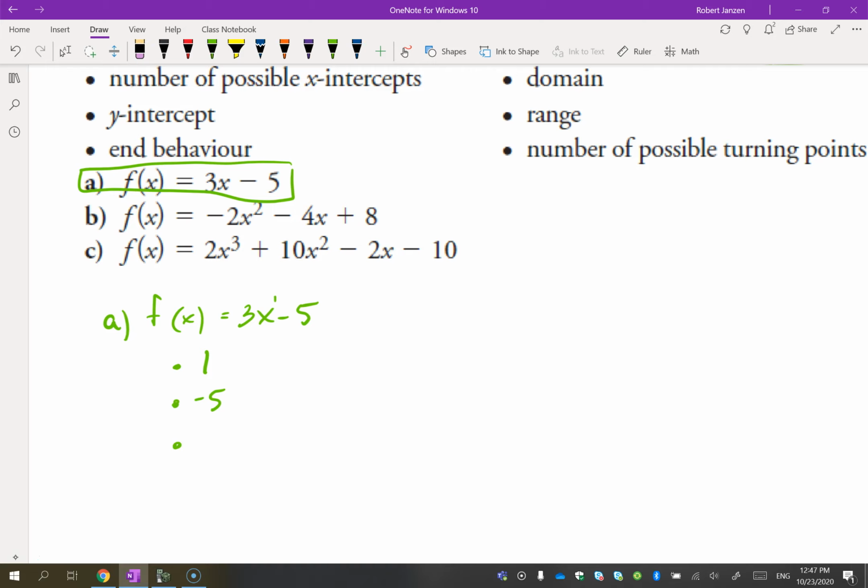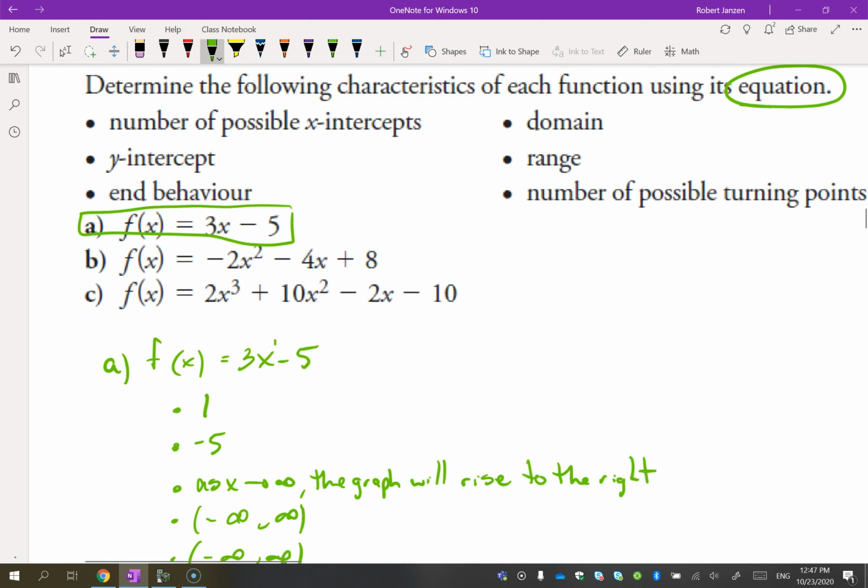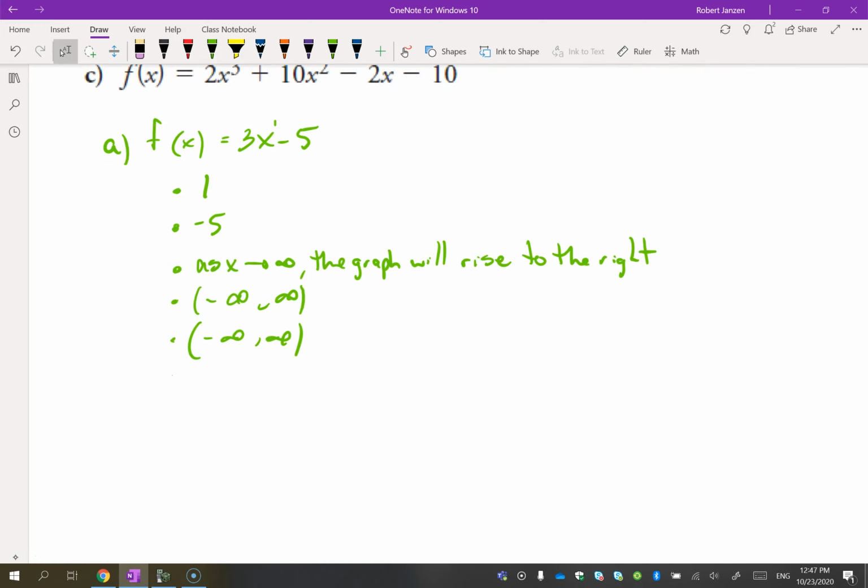So the end behavior is as X approaches infinity, the graph will rise to the right. The domain for a line, degree 1, is always -infinity to infinity, and same with the range. And the number of possible turning points, a line has none.